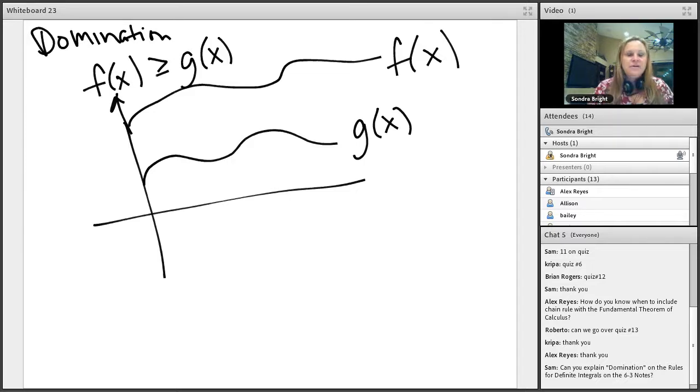All of the y values of f of x are larger than the y values of g of x, and let's say that's true for the whole thing, all the way down the line.